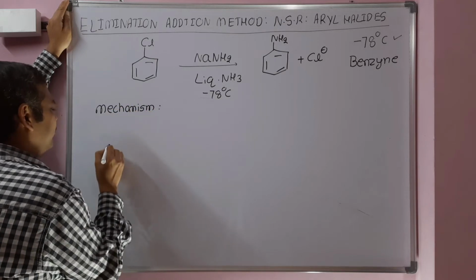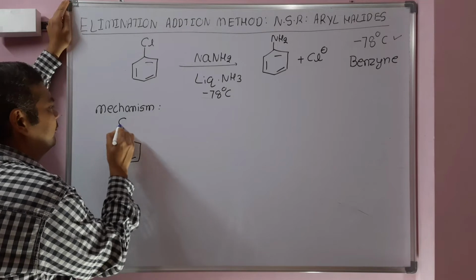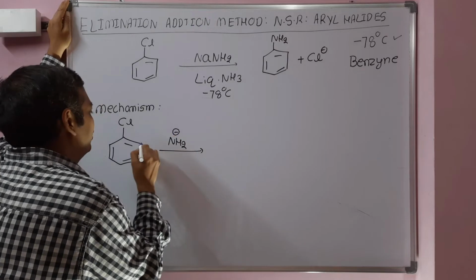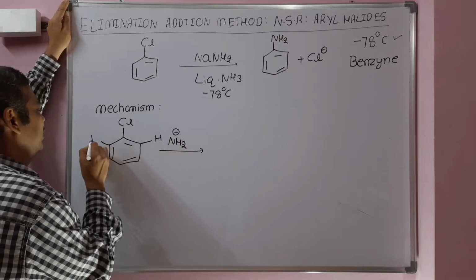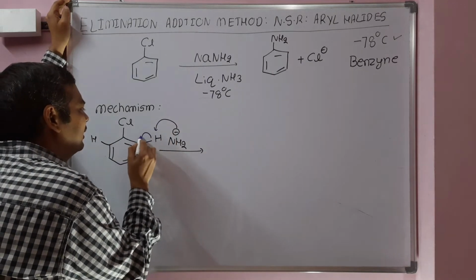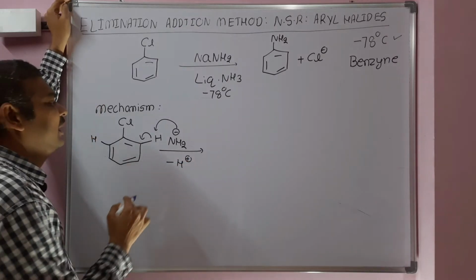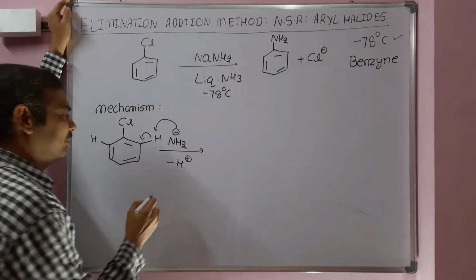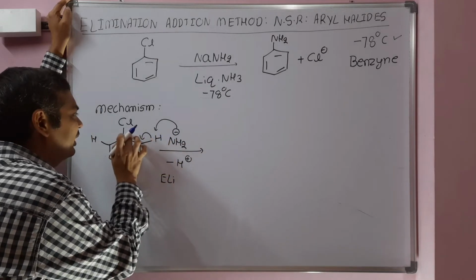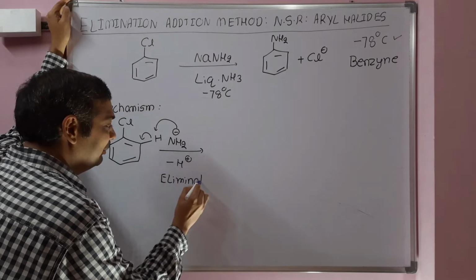In the mechanism, the first step is elimination. NH2 minus will abstract a proton. There are two hydrogens at the beta carbon, both the same, so the base abstracts a proton from either beta hydrogen. H plus is removed, eliminated. The first step is elimination: NH2 minus abstracts a proton, H plus is eliminated from the reaction mixture, that's why it is elimination.